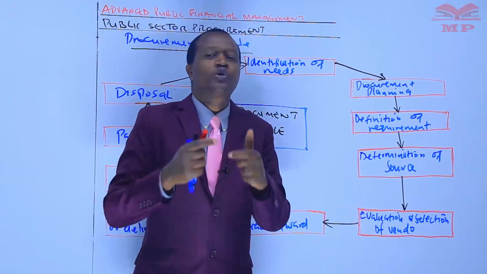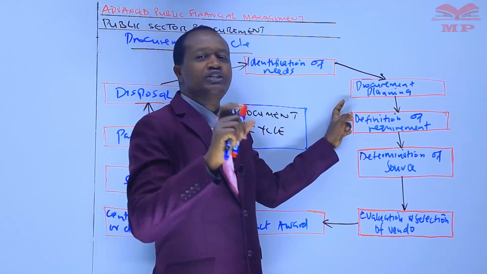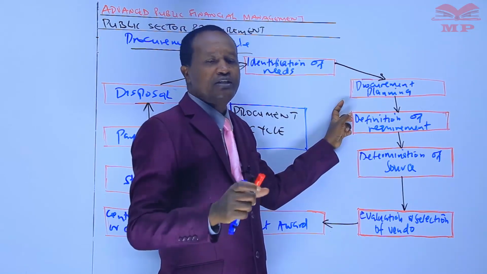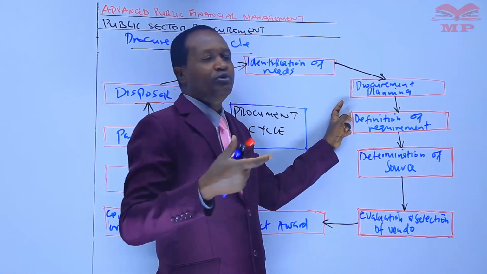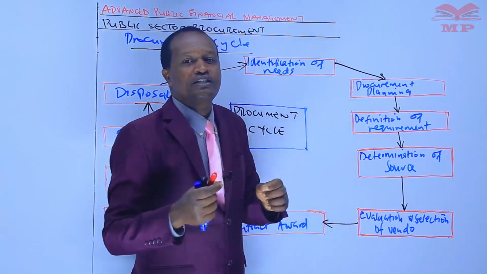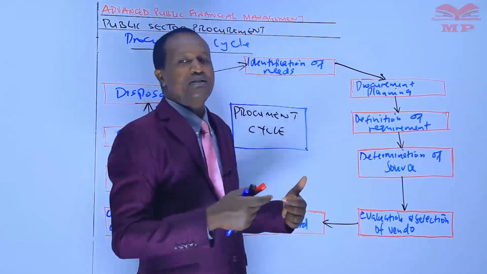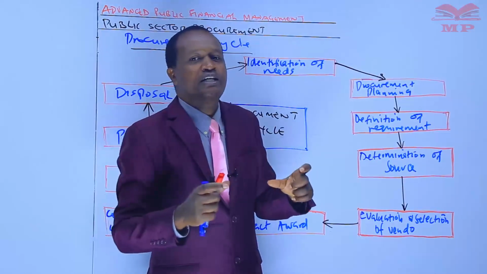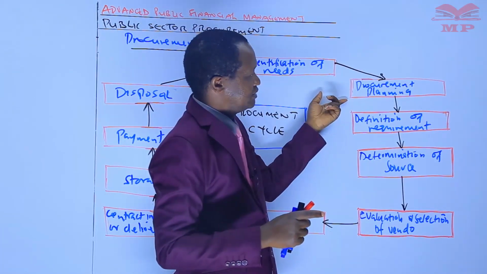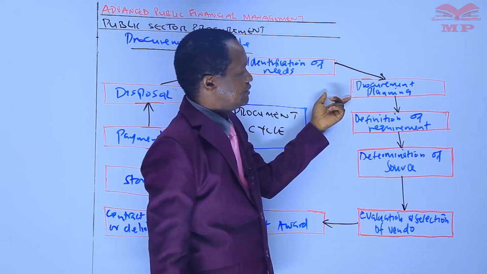And therefore, a procurement plan identifies each requirement, identifies the user, the budget, the procurement method, and schedule of various activities in the procurement process, as well as the timelines. And the plan must be integrated in the procuring entity's budget. That is procurement planning.